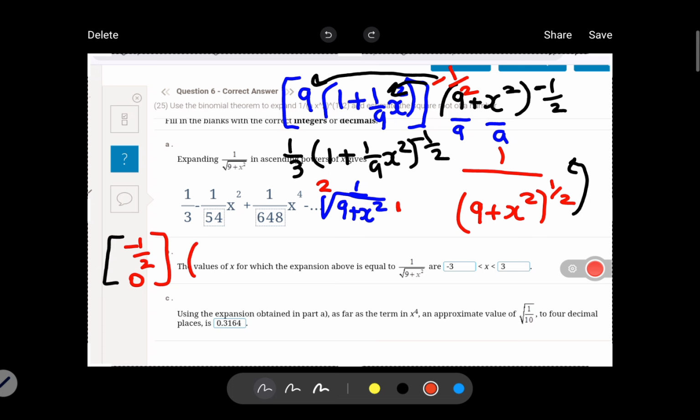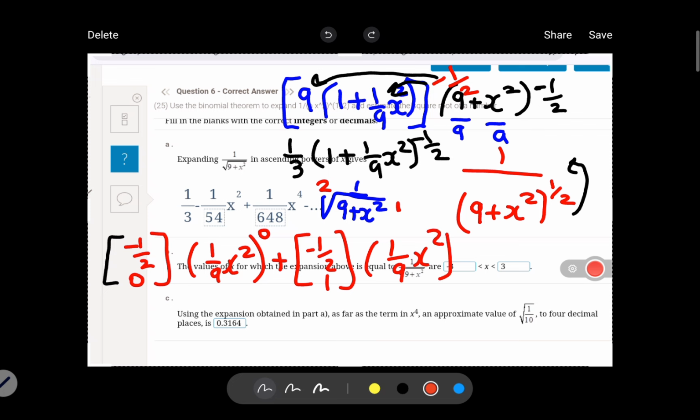Okay, now 1 over 9 x squared to the power of 0 plus 1 over 2, negative 1 over 2, and 1. 1 over 9 x squared to the power of 1 plus 1 over 2, negative 1 over 2, 2, and 1 over 9 x squared to the power of 2.